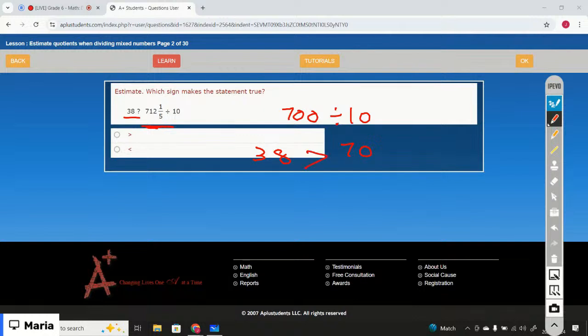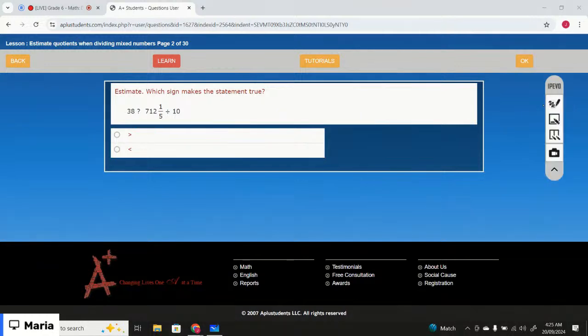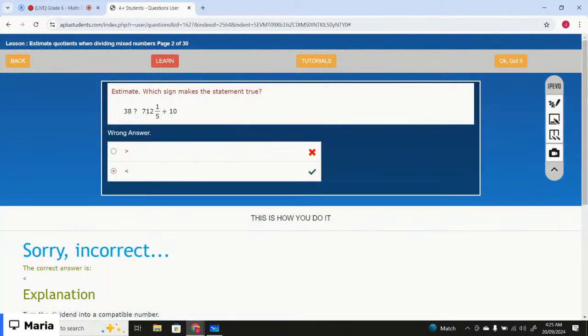So 38 is greater than 70. The correct option is greater. Option number 1 is the correct option, right? Yes, less it is. Sorry, I selected the wrong option.